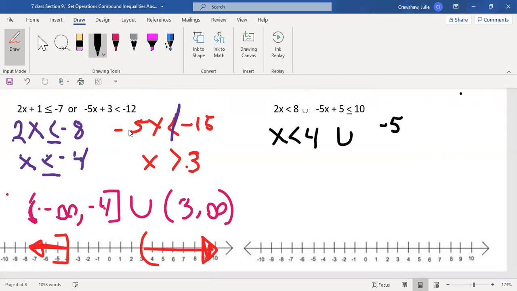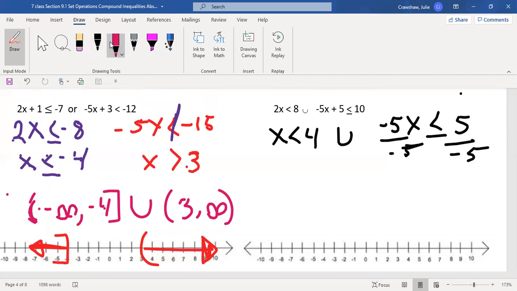So I have -5x is less than or equal to 5, because 10 minus 5 is 5. Now I'm going to divide by a negative number, so I have to flip my sign. So I'm going to have x is greater than or equal to -1, because positive divided by negative is negative.